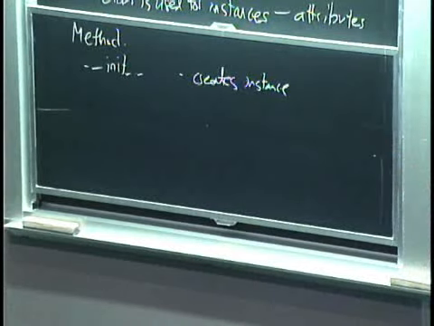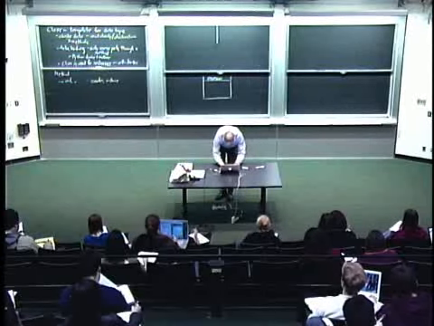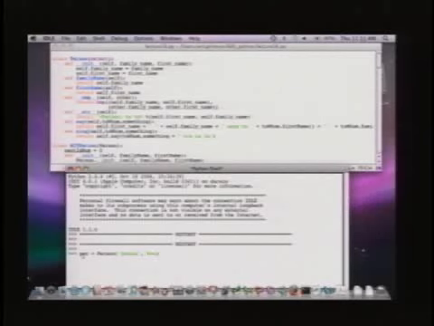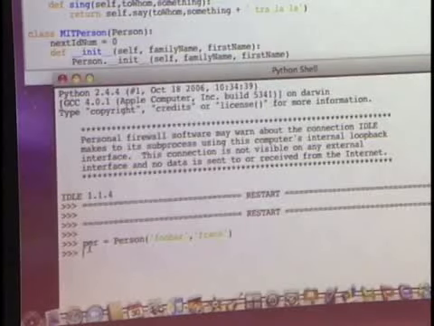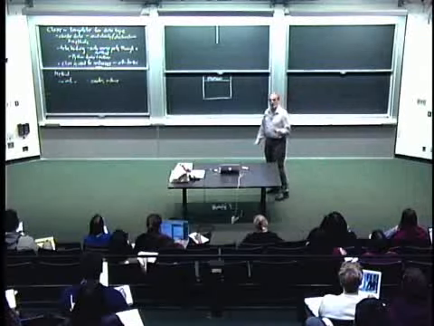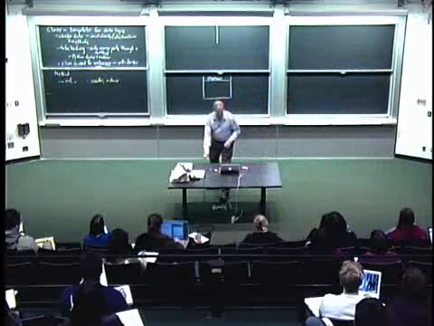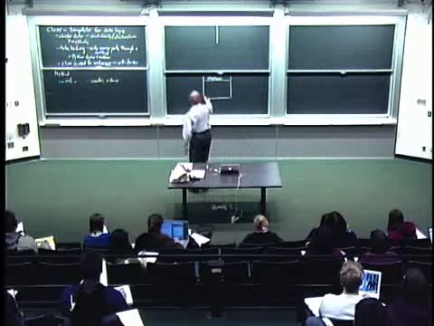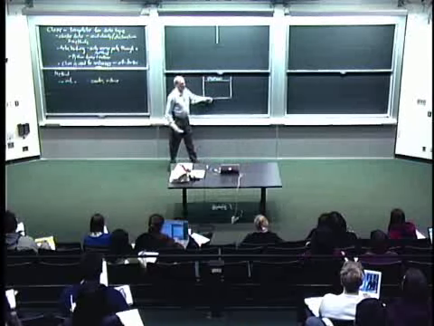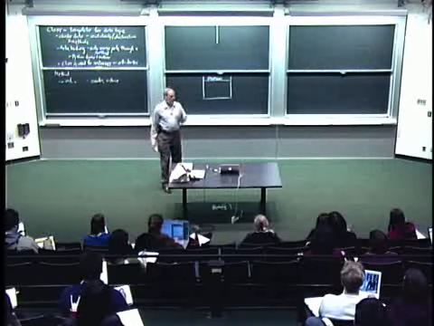So in this case, I'm going to give it two arguments. Frank Fubar. Now, again, you might have said, wait a minute. Init here has three arguments: self, family name, and first name. So again, just to remind you, what we said happens here is that when I call this class, person, I'm creating an instance.